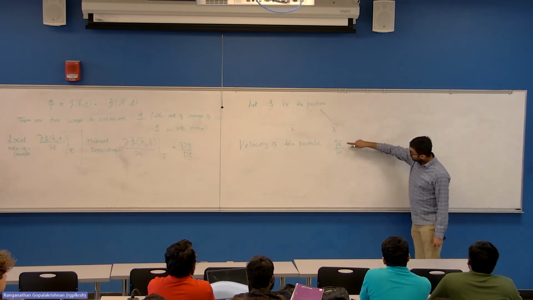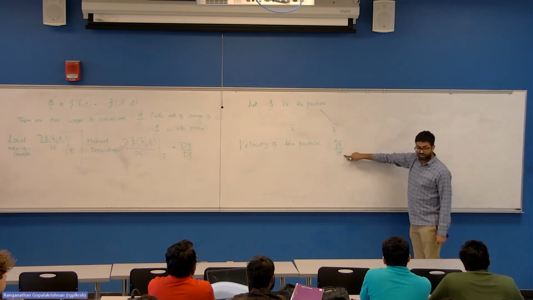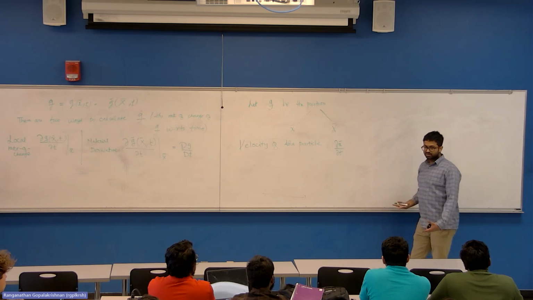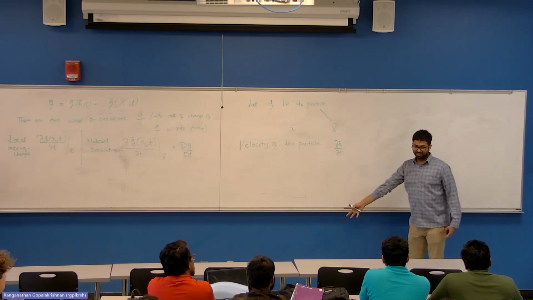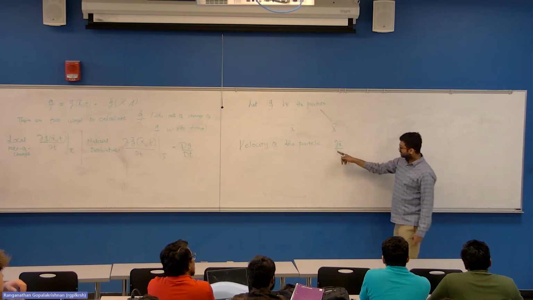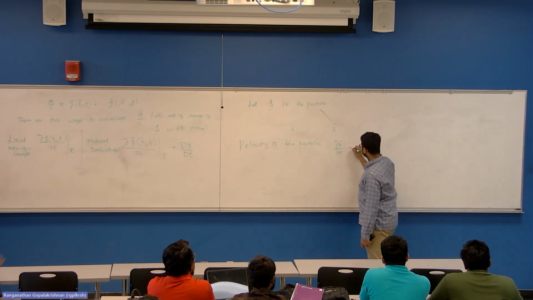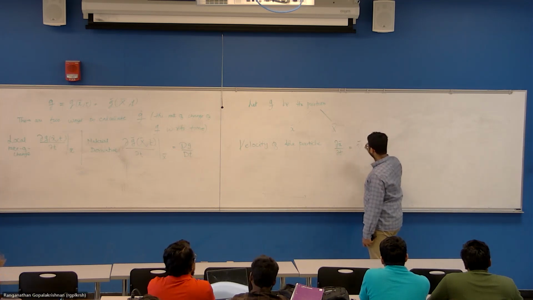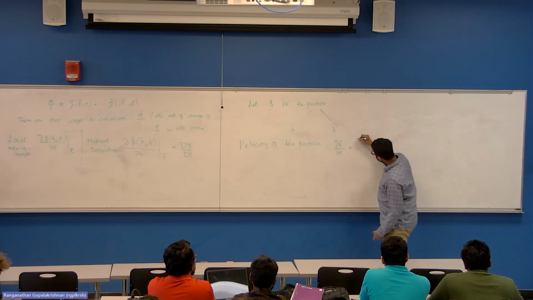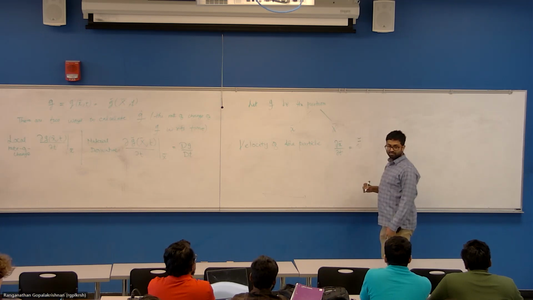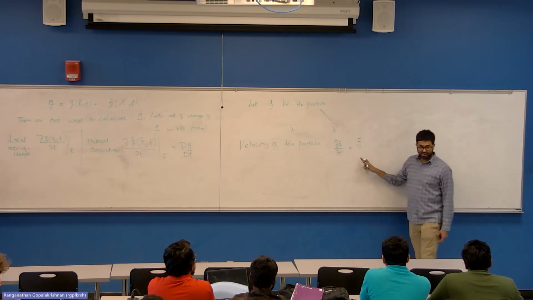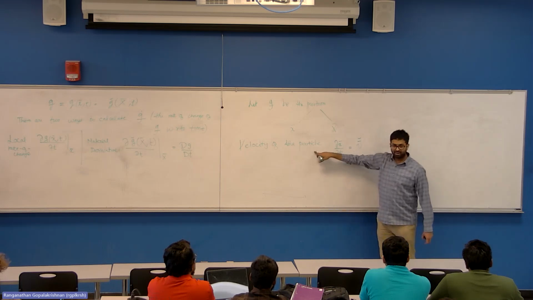So we are calculating the rate of change of position with respect to time. What does it represent? The velocity of a particle. So this actually is the v vector, velocity vector, but with the tilde. This is the velocity of a particle. That's why I wrote velocity of the particle.